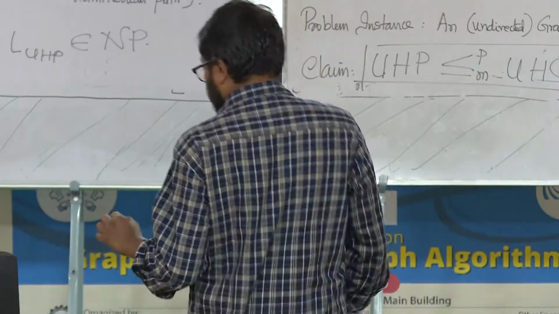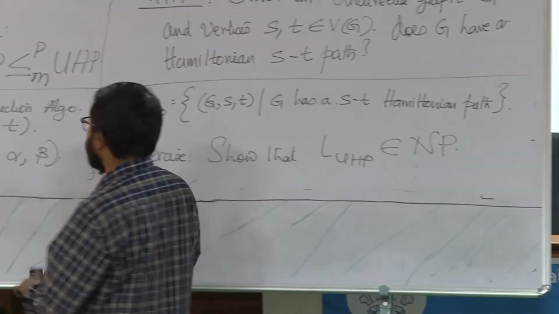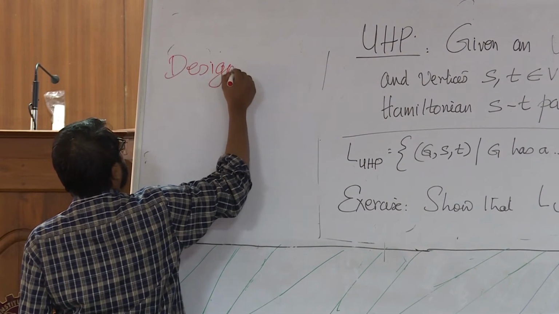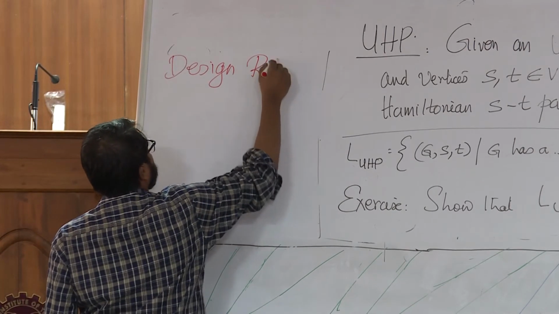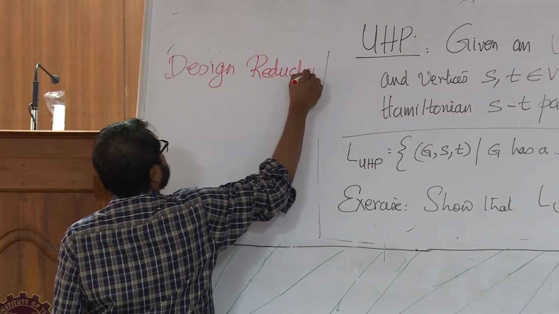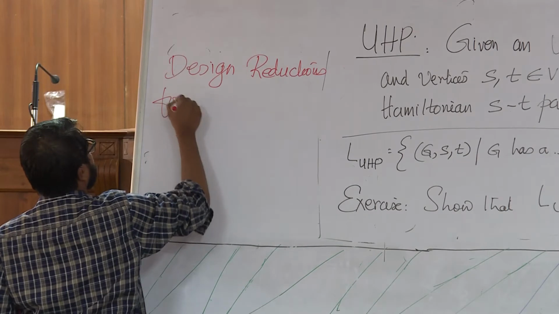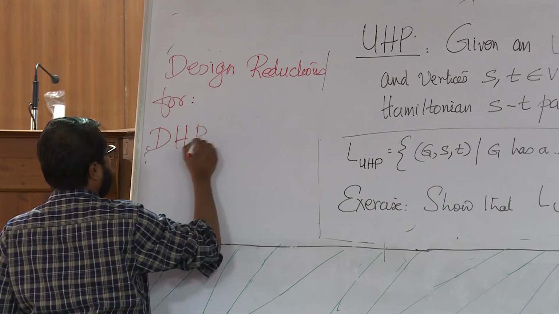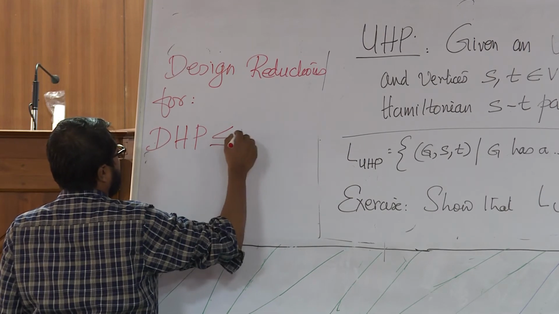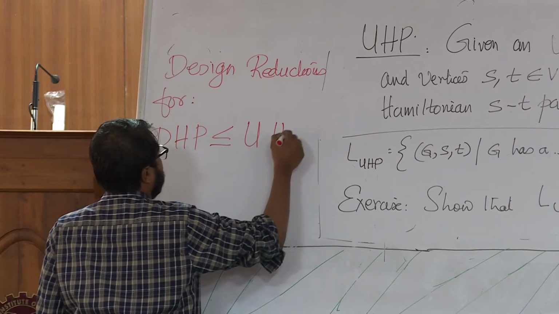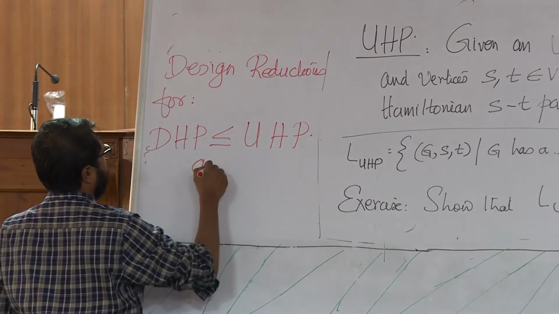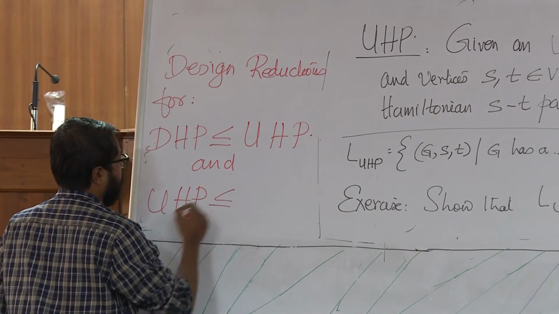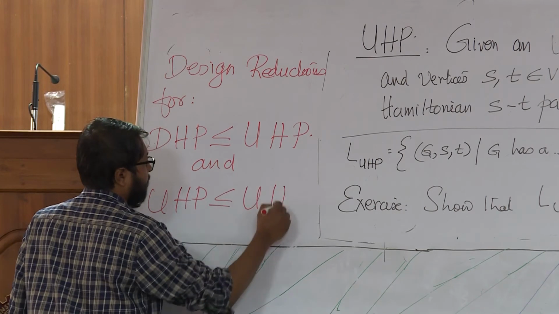The exercise is to design reductions for directed Hamiltonian path to undirected Hamiltonian path, and undirected Hamiltonian path to undirected Hamiltonian cycle.